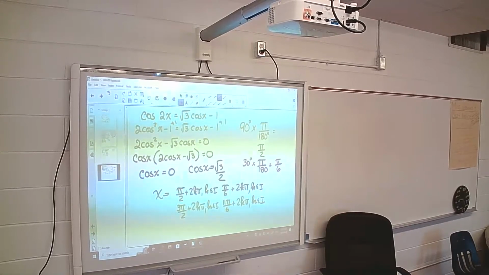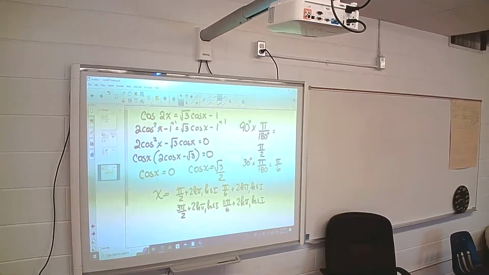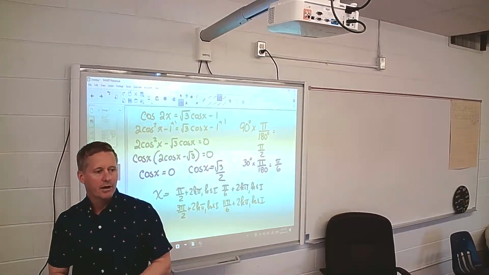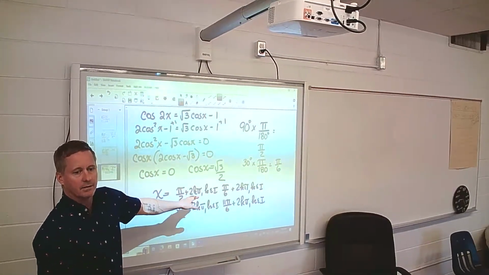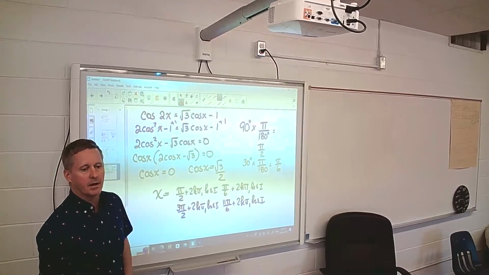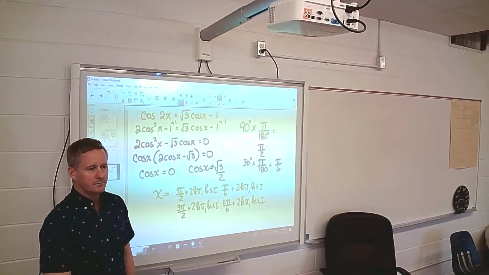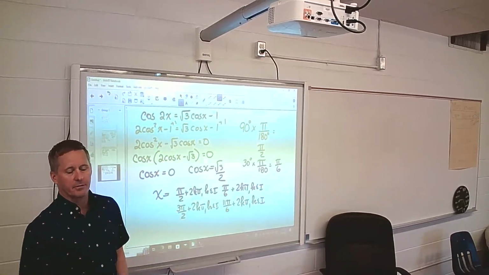But if you can remember it in degrees, just convert it after. Do the whole question in degrees, but make sure you finish it off in radians like this. Okay. This one I could have done different. What could I have done here rather than put 2k pi on both of these? Any idea? How many radians is it from pi over 2 to 3 pi over 2?